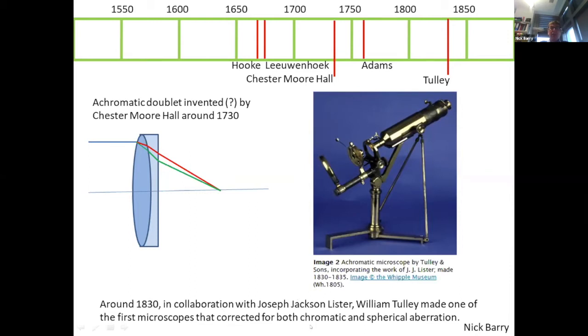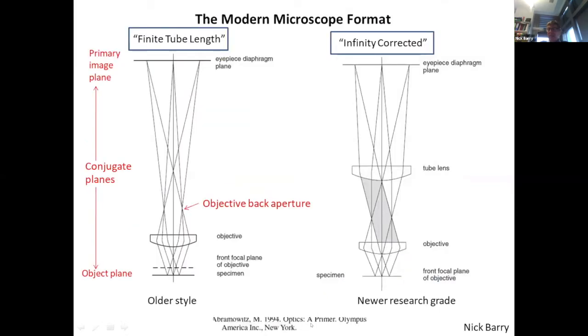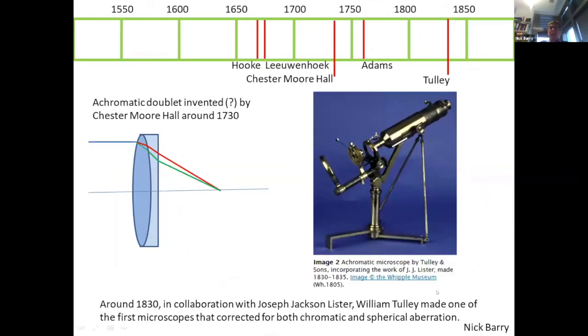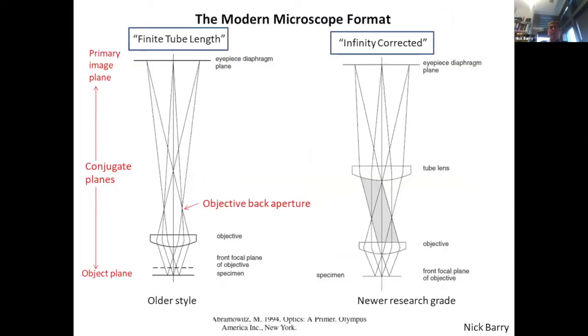You got a microscope that was chromatic corrected and spherical aberration free. This form of microscope is less and less used these days. The modern one is somewhat more like this. In the older style, you have an object slightly more than f away from the objective, forming a real image somewhere down where the eyepiece is placed.